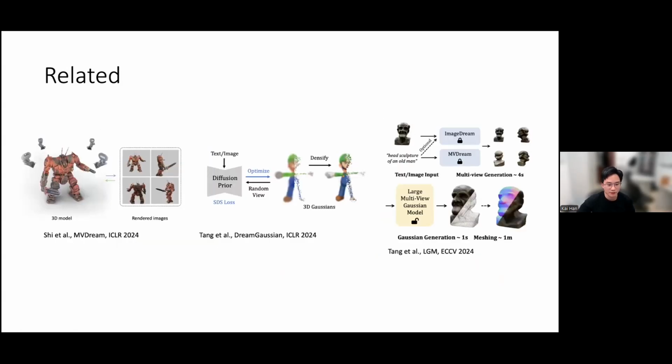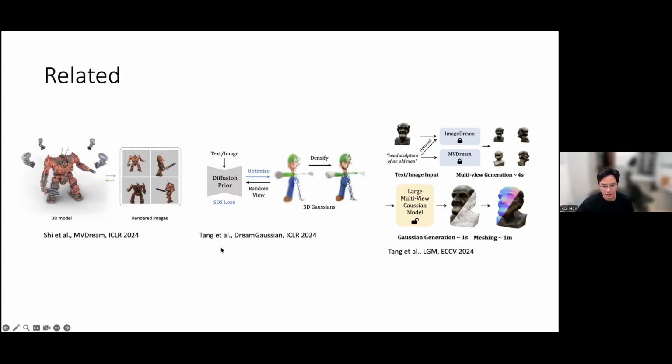There are some relevant works that try to do 4D from different perspectives. This one is a relevant work about multi-view generation, because later on we leverage some of such techniques to help with our 4D generation.